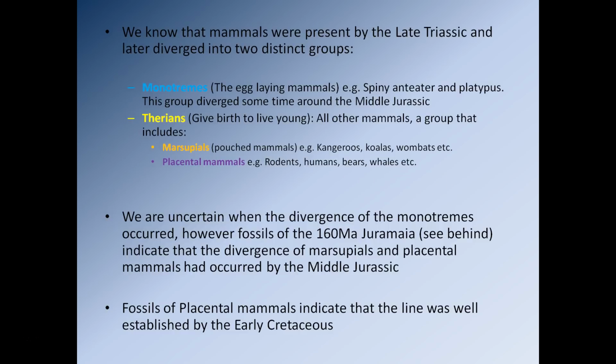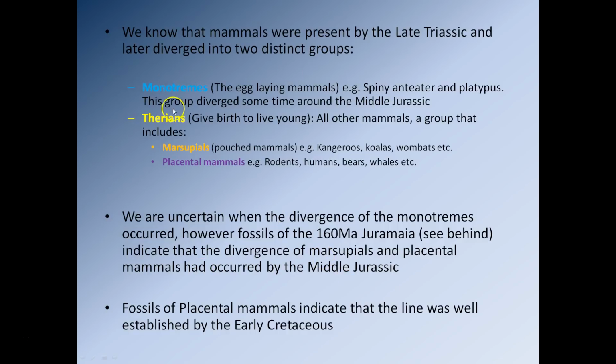So we are uncertain when divergence of the monotremes occurred. However, as we discussed, we have fossils of a 160 million year old animal called Juramaia. And that indicates the divergence of marsupials and placental mammals had occurred by the Middle Jurassic.